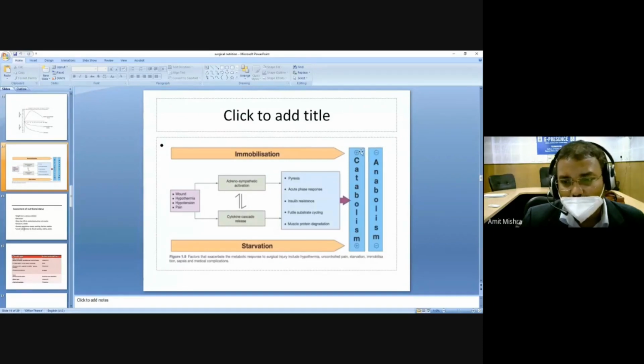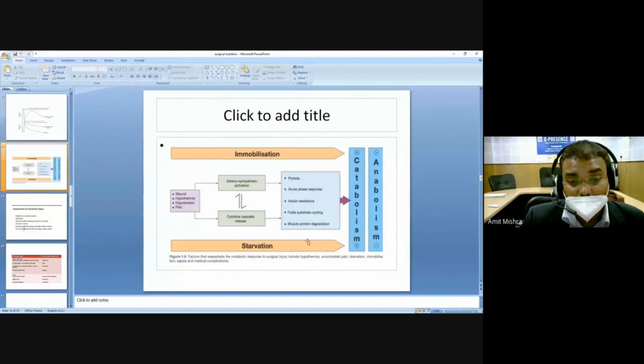So this ultimately leads to the catabolic phase, and the patient undergoes malnutrition. Poor wound healing certainly follows, and that leads to a poor outcome for the patient after a major surgical procedure.